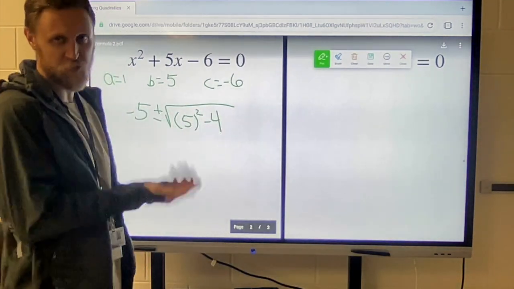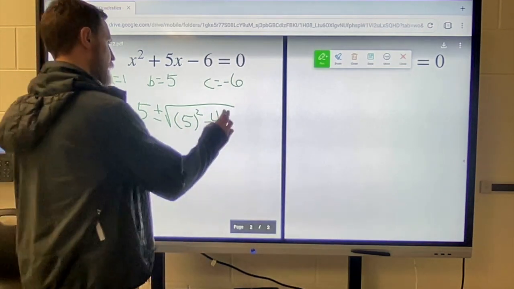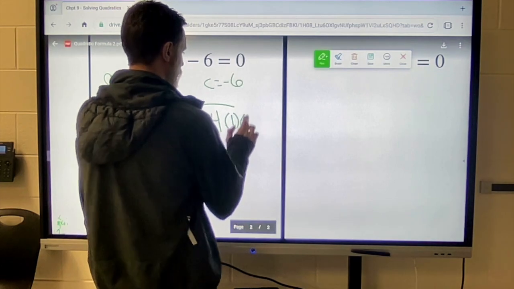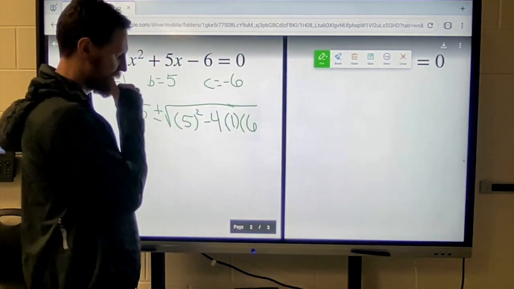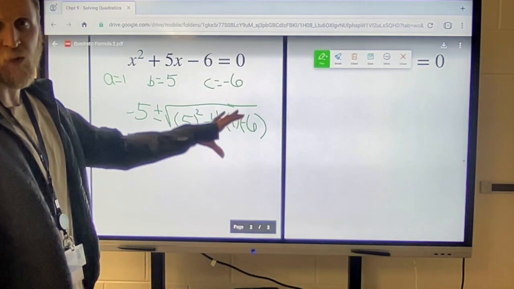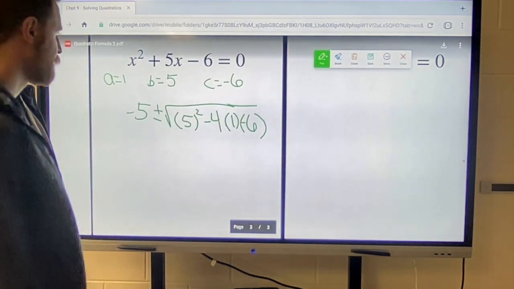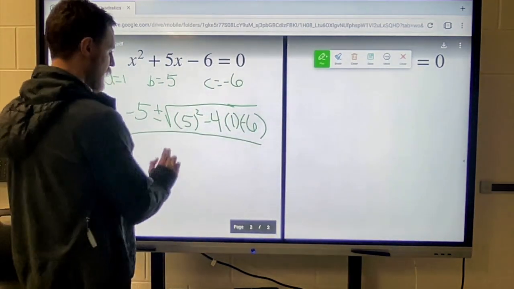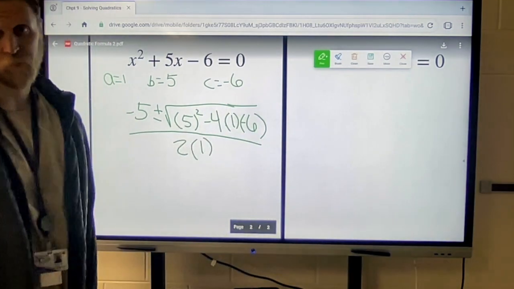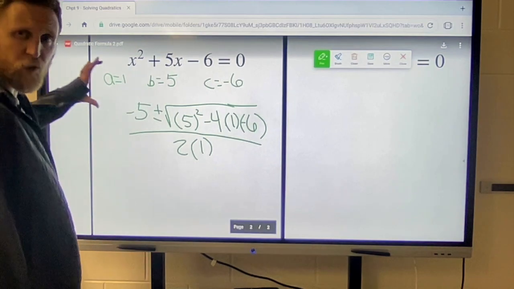No matter what, it's just a 4 that goes right there. Times the a value, in this case that's 1, times the c value, which in this case is negative 6. So I'm just putting all of that stuff right there. Divided by 2 times your a value, which in this case is 1. So we put it all right there.